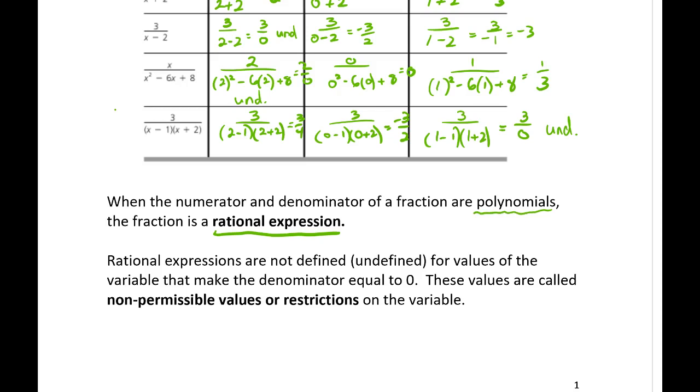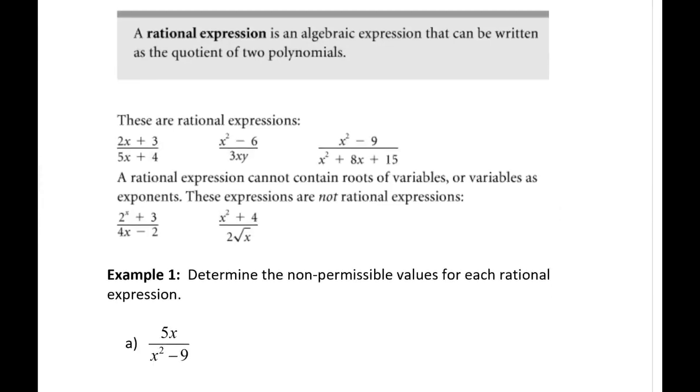Not necessarily with variables, but could have variables in them. Okay, and those values of where the denominator turns to 0, those values are called non-permissible values. Okay, non-permissible value, NPV, or restrictions on the variable. Okay, we'll use both of those words to describe the situation.